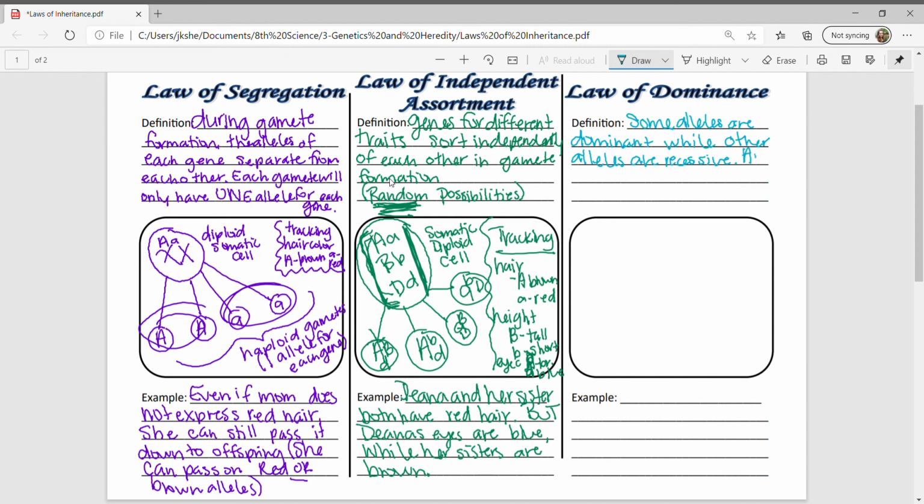And we also know that any organism with at least one dominant allele will express a dominant phenotype.